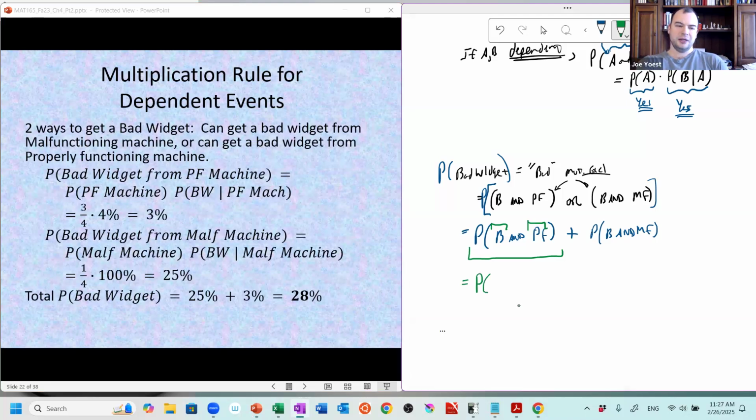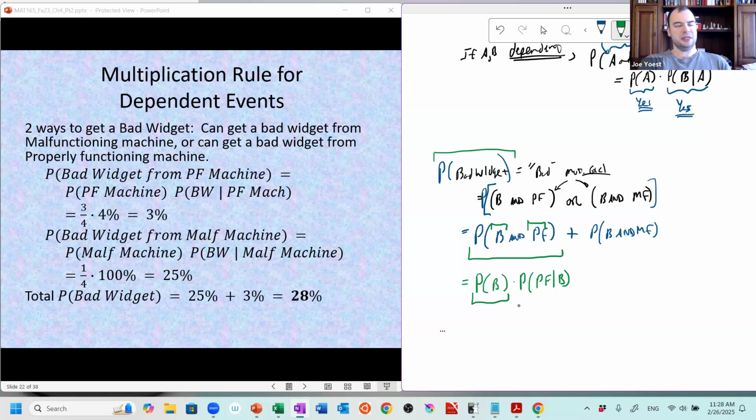Well, how could I break this up? I guess I could do the probability of getting a bad widget times the probability of properly functioning machine given bad widget. Mathematically, I'm allowed to break it up this way. Is this helpful for me? Well, actually, the probability of a bad widget is the thing I'm looking for in the first place.